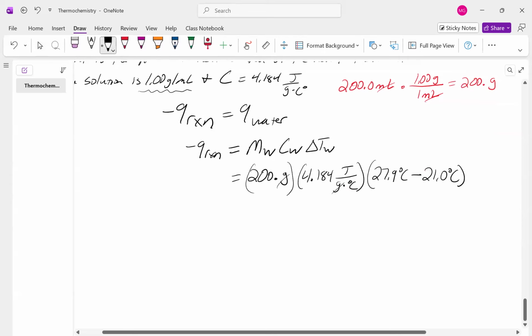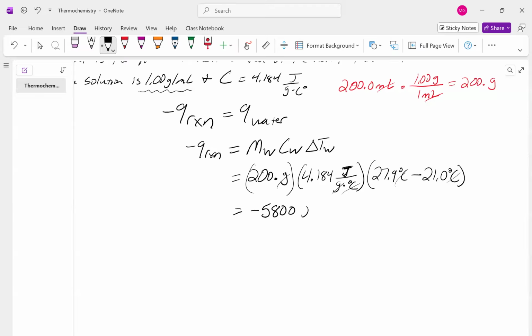Grams cancel out, degrees Celsius cancel out, and I'm just left with joules. That's the unit of heat. That means I probably have set this up correctly. And then I do all of this math, plug it in the calculator, keep track of sig figs, and that comes out to about 5,800 joules.